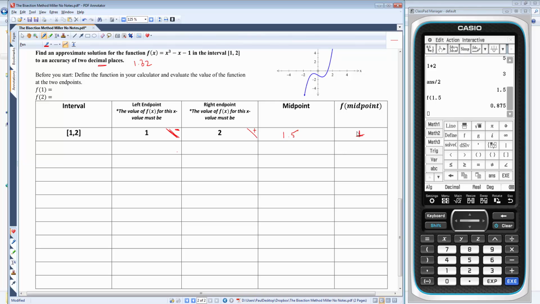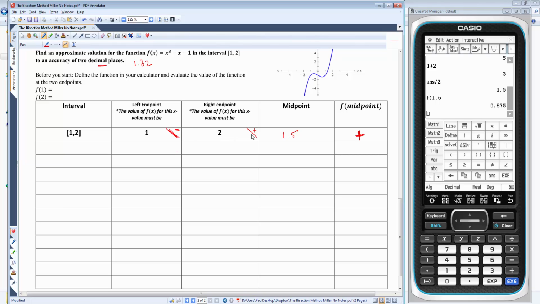So now this is where we have to make a decision, and really doing the bisection method involves lots and lots of decision making. That's really the hardest part of it. What I need to make sure at this stage is that I'm on either side of the x-intercept, which is when I've got opposing signs, negative and positive, or positive and negative.